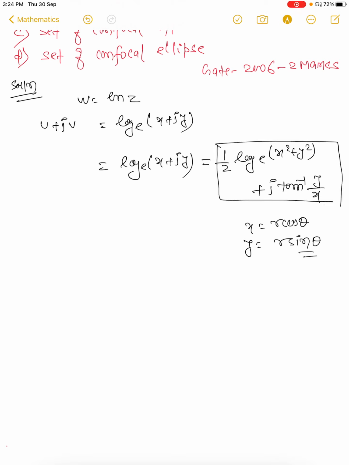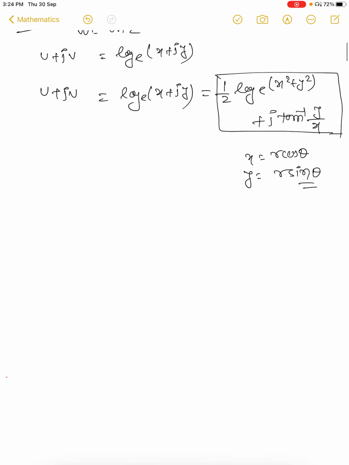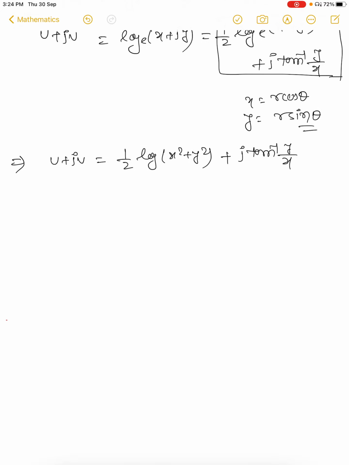So u + jv = half log(x² + y²) + j tan⁻¹(y/x). u is constant, and u will be half log(x² + y²).